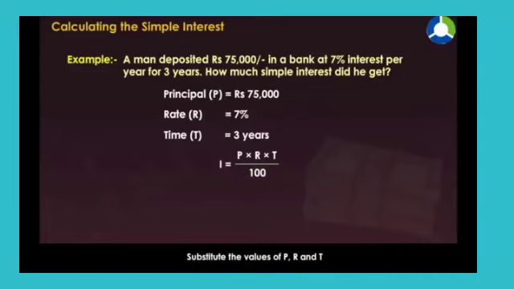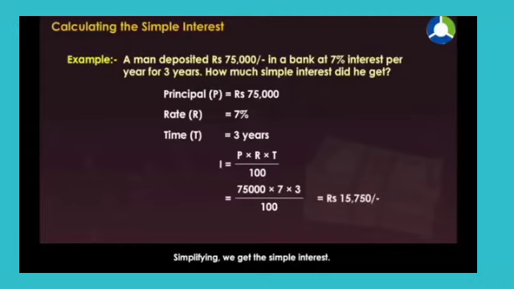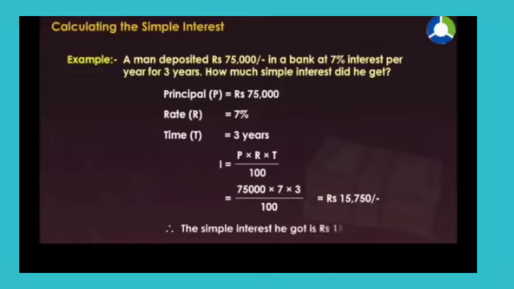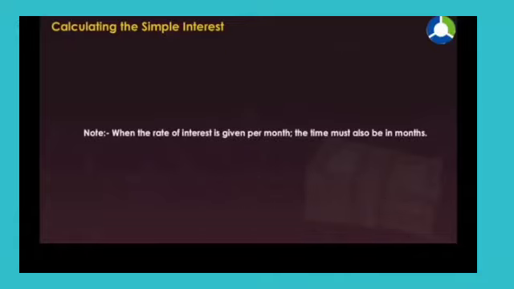Substitute the values of P, R and T. We get 75,000 multiplied by 7 multiplied by 3 upon 100. Simplifying, we get the simple interest, which is rupees 15,750. Therefore, the simple interest he got is rupees 15,750.